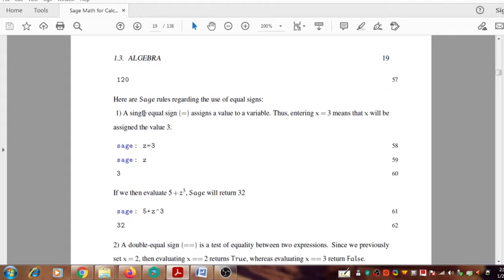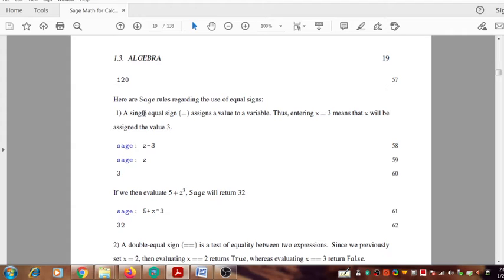But in most programming languages, you can see there is a double use, or two times use, of the equal symbol, and definitely a single equal symbol and a double equal symbol have two different meanings. In programming languages, a single equal symbol means assigning.